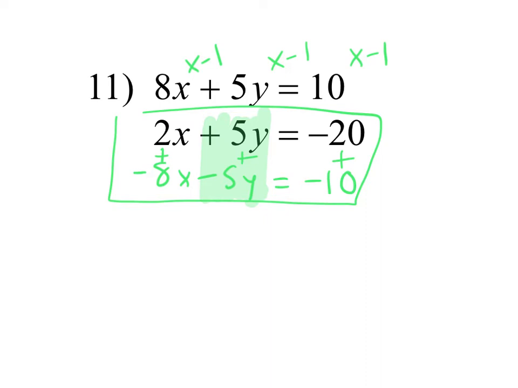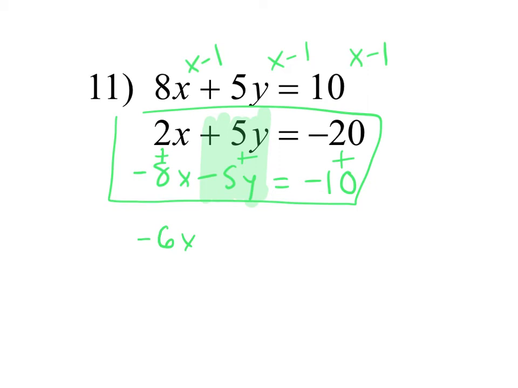So what is 2x minus 8x? Negative 6x. Perfect, negative 6x.